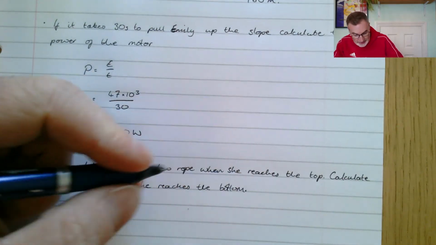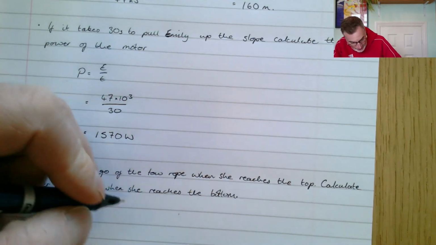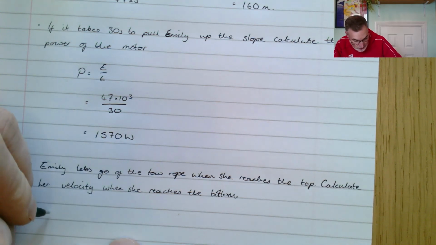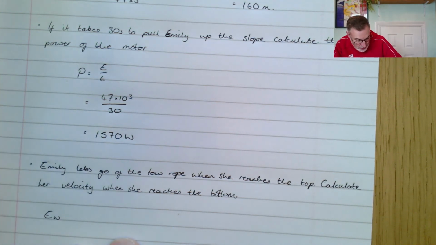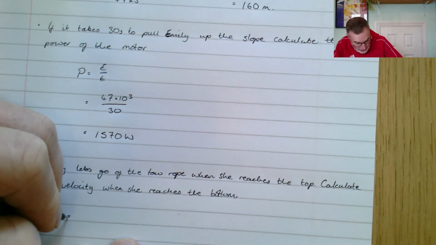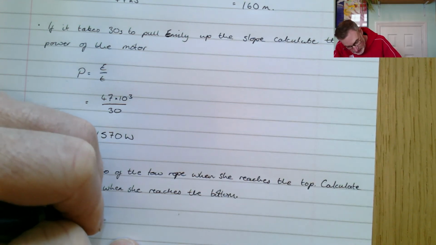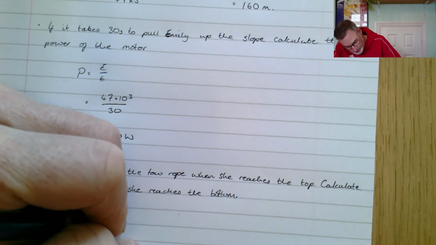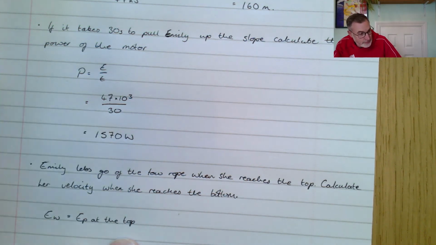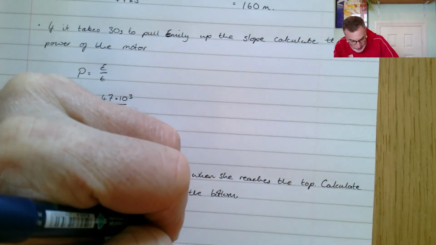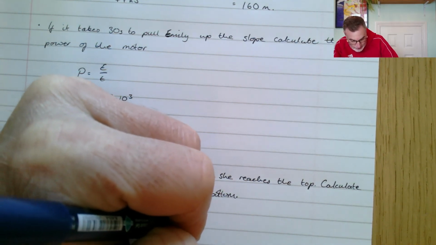So we'll have a bit of a list. The work done by the motor, EW, is going to equal the EP at the top, which is then going to equal EK at the bottom.